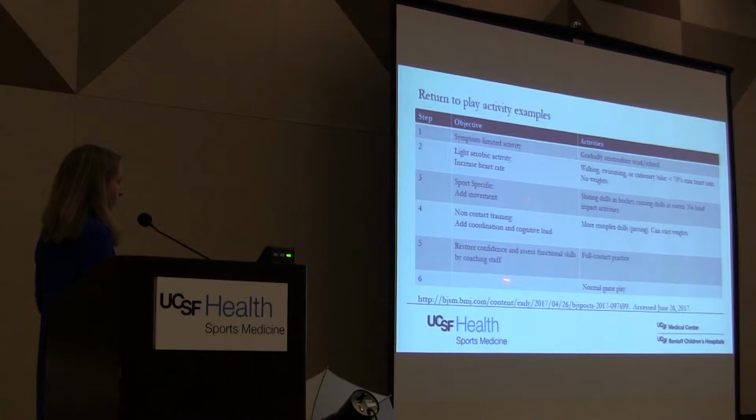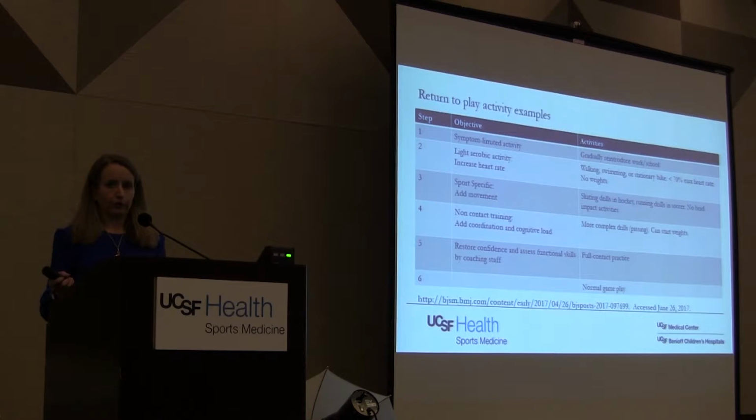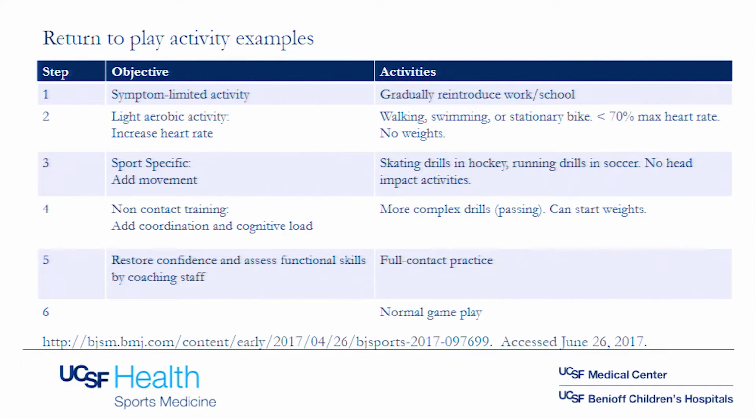What are these return to play ideas and why do we do it this way? The reason is that sometimes as you're returning someone to play, they'll have a return of some concussion symptoms, and it's better to have that happen in a non-contact environment than a game environment where they would be at higher risk for re-injury. So we think it's smart to first work on getting your heart rate up, then work on things that require more movement, then work on things that require more coordination and higher cognitive load, and then work on building confidence around contact and collision, and then return to a game.